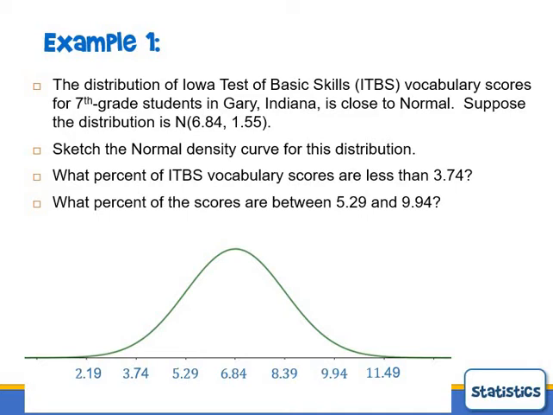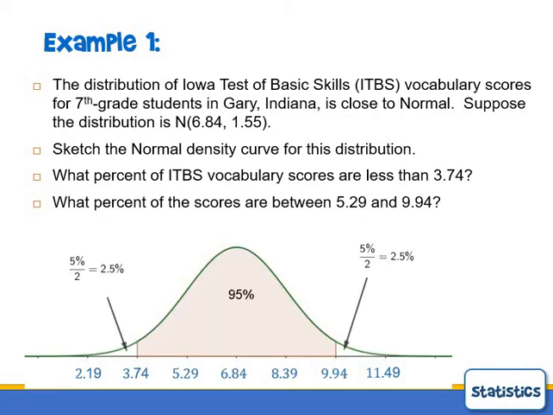The second part says what percent of the Iowa Test of Basic Skills, ITBS, vocabulary scores are less than 3.74. I've animated in everything that we need to answer that question here. If you look at that, 3.74 is 2 standard deviations below the 6.84. So the first thing I would do is locate 3.74 on the axis.